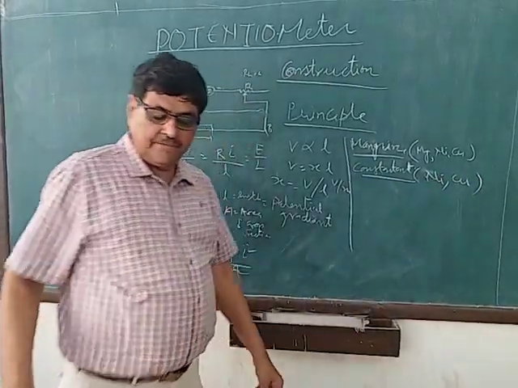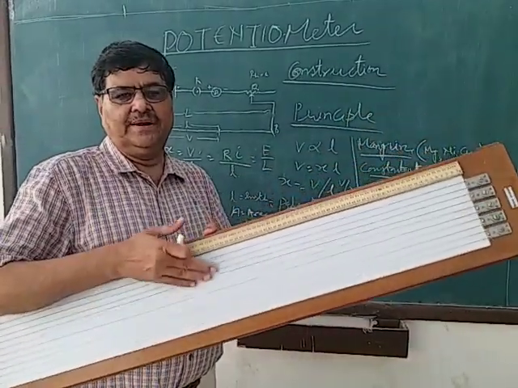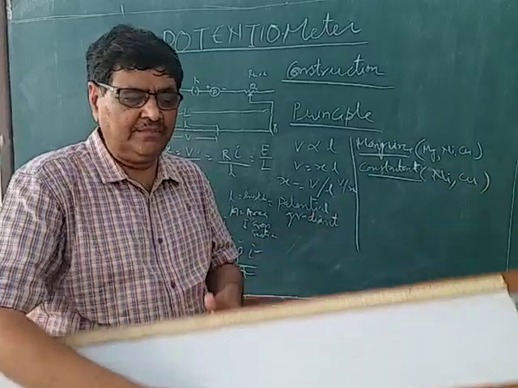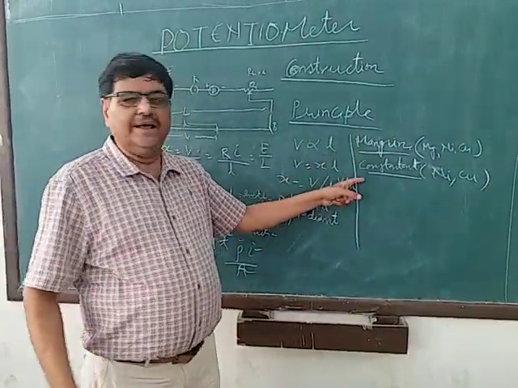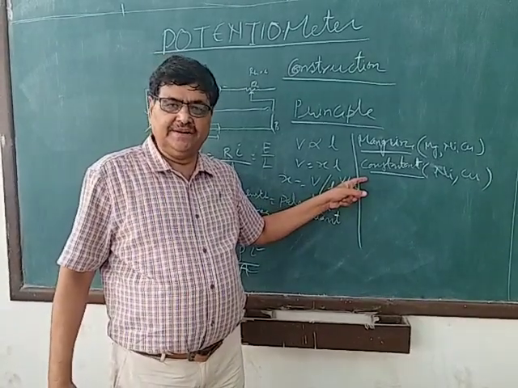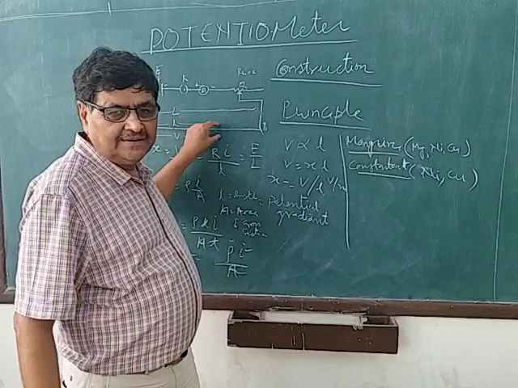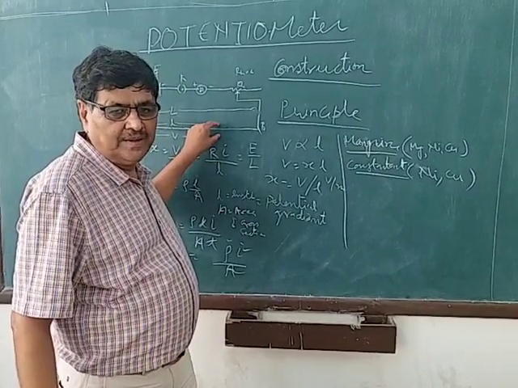See, why do we use this alloy to make potentiometer wire, why don't we take copper wire simply? Because these alloys have high resistivity, and if we take copper wire, a large amount of heat will be generated because a large amount of current will be flowing.